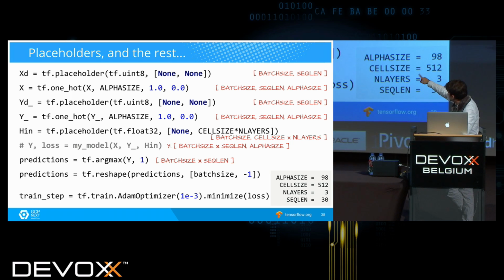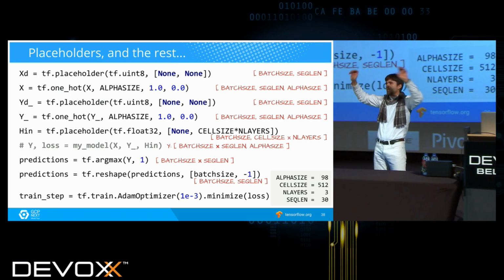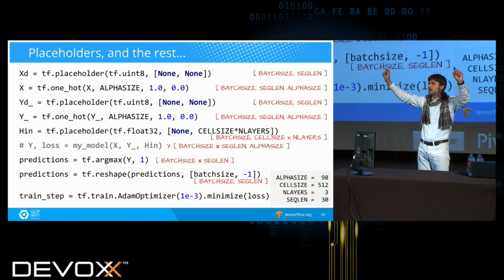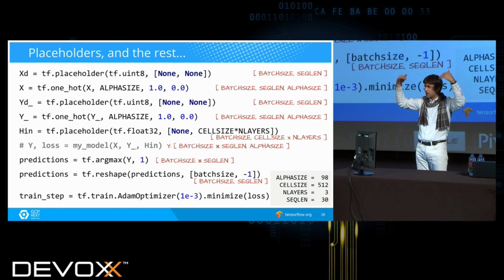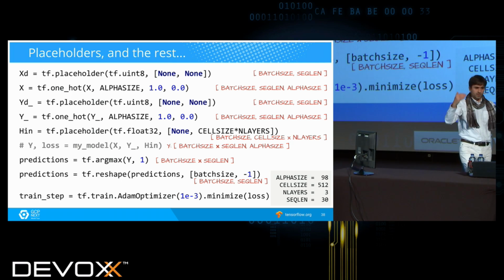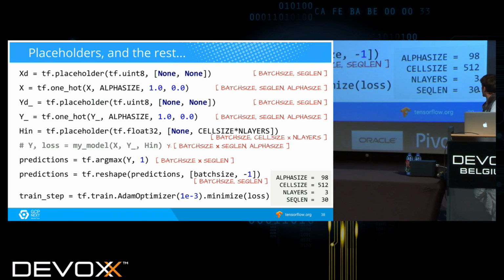So that's why I have a batch size multiplied by sequence length there. So now I need to reshape it to get back to batch size, comma, sequence length, a nice matrix where I have on each line one sequence of predicted characters, on the next line the next sequence of predicted characters for the next element in the batch. And I can have my train step where I ask to minimize the loss.